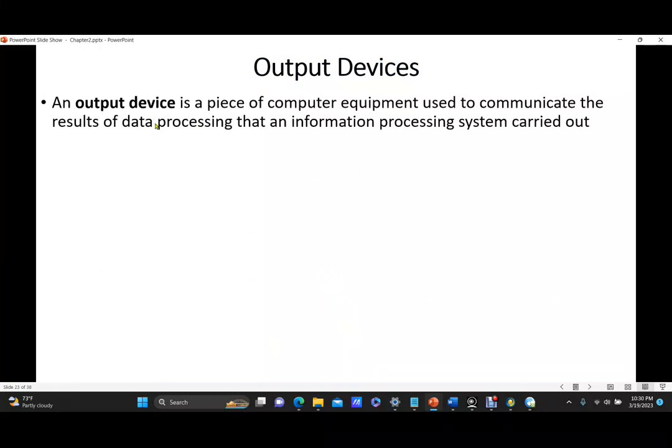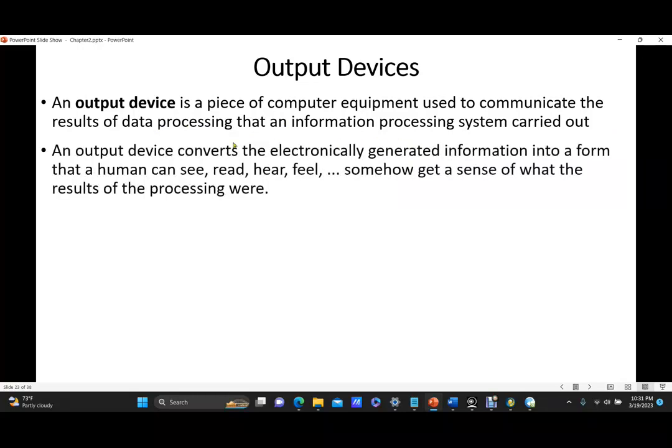Now, an output device is a piece of equipment used to communicate the results of your data processing, your information, to users.